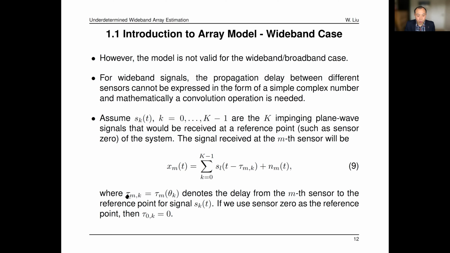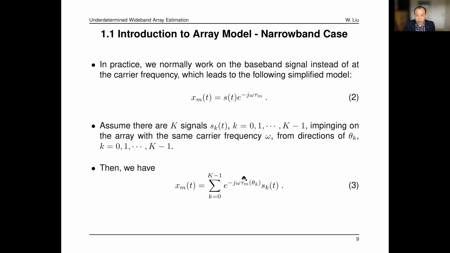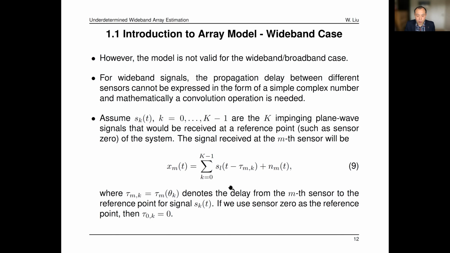And this tau_mk is actually equal to tau_m(theta_k). It denotes the delay from the mth sensor to the reference point for signal s_k(t). If you use sensor 0 as a reference point, then tau_0k will be the delay between sensor 0 and sensor 0 itself, so it will be 0.